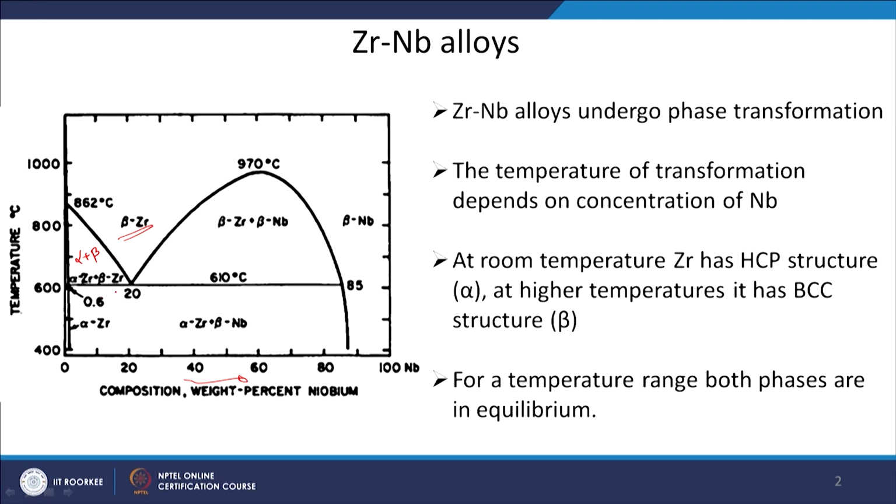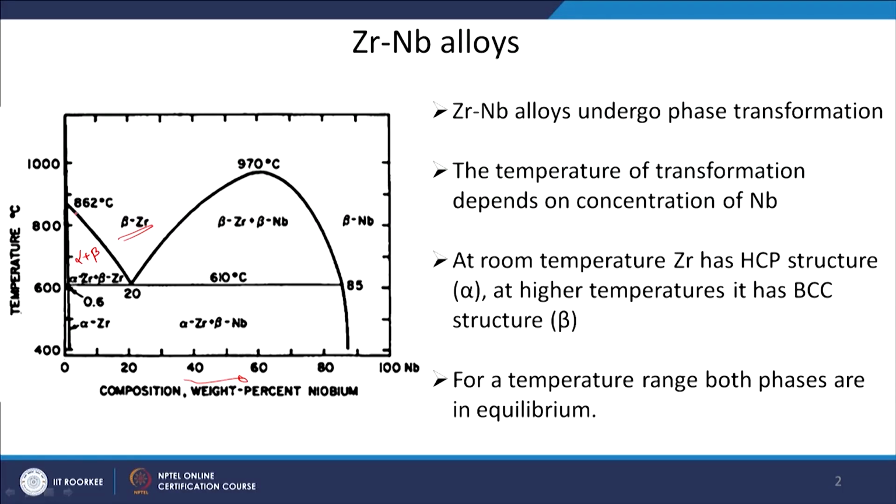Usually the alloys which we studied are zirconium 2.5 niobium or zirconium 1 niobium. So, the complete transformation to beta phase will happen somewhere around 850 or so degrees Celsius.